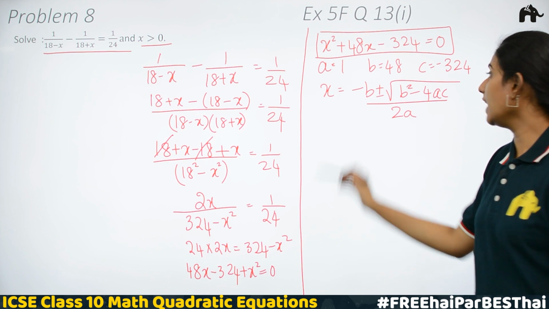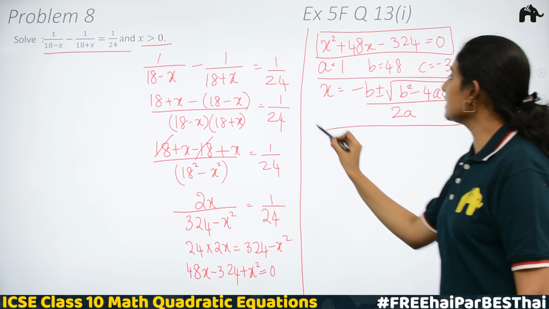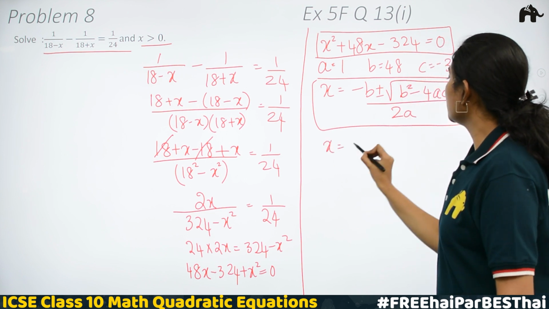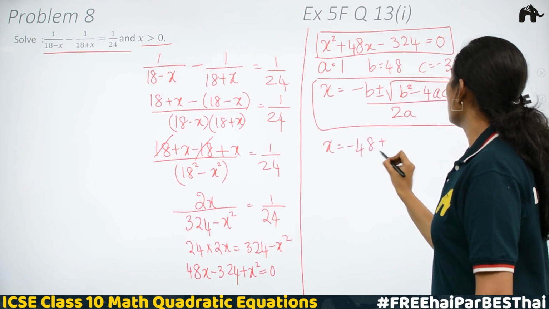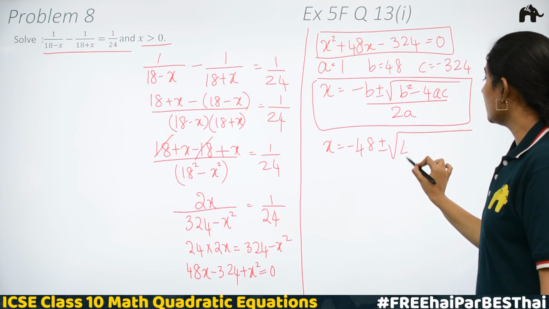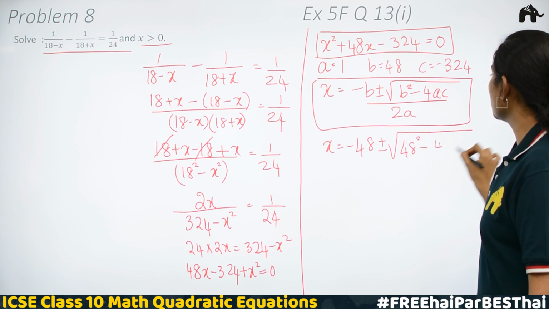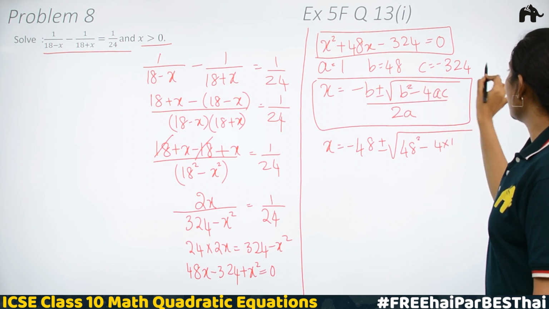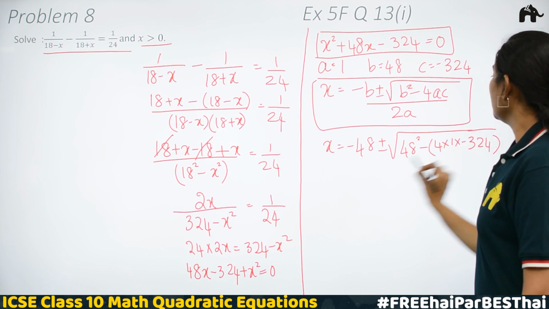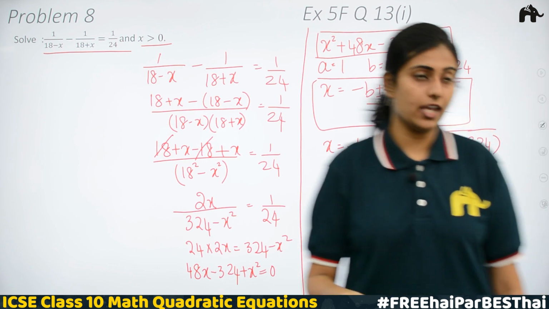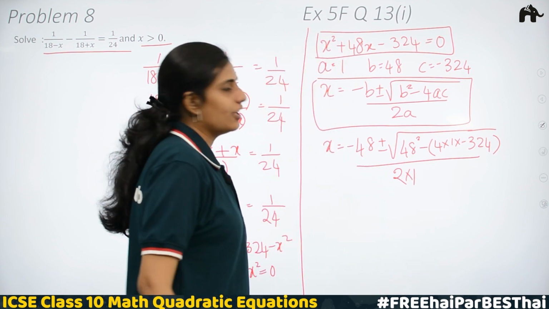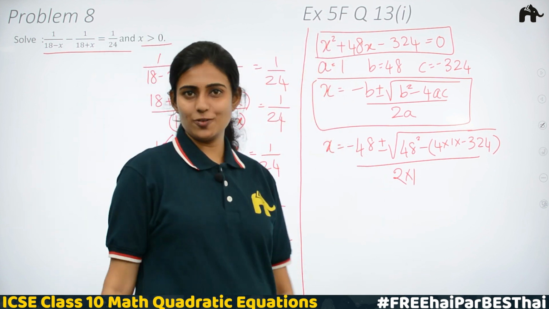Substitute to get the value of x in this formula. x is equal to minus b, minus 48, plus or minus root of b square, 48 square, minus 4 into a is equal to 1 and c is equal to minus 324, divided by 2a. 2 into a is equal to 1. In most cases, we get a is equal to 1.